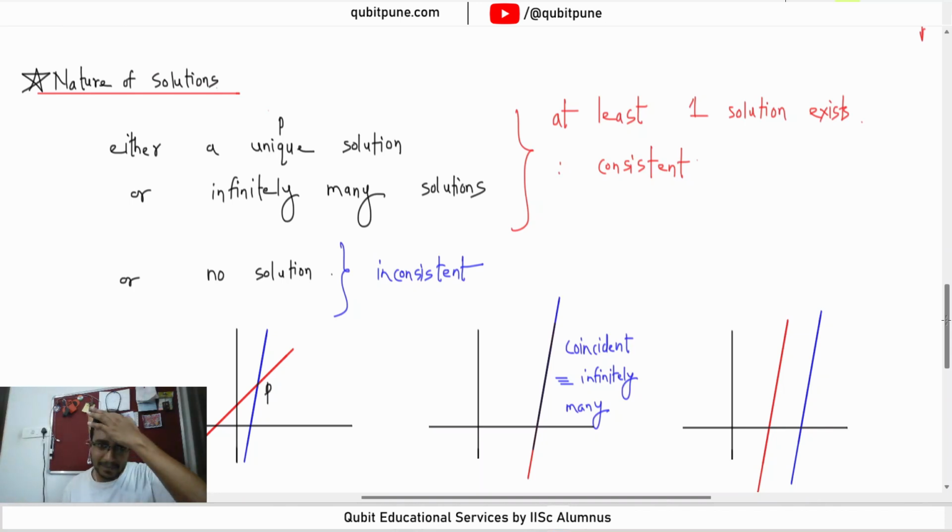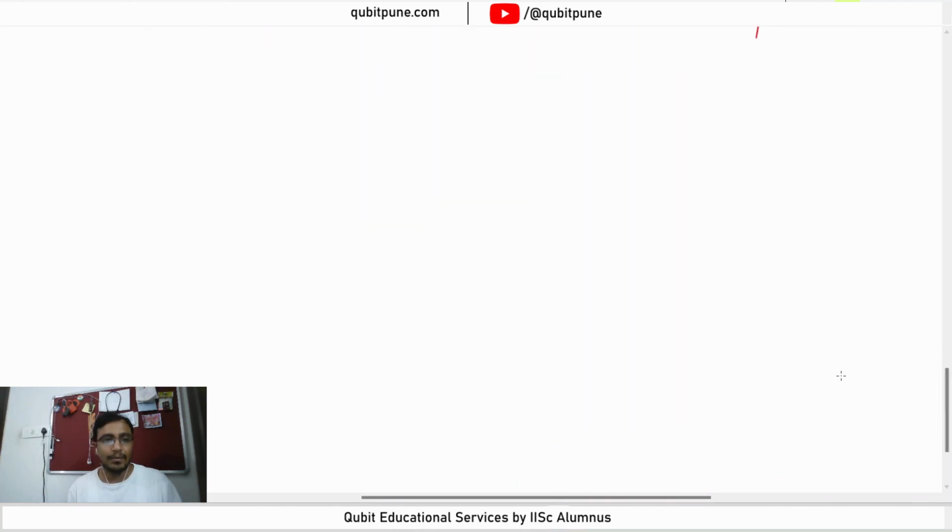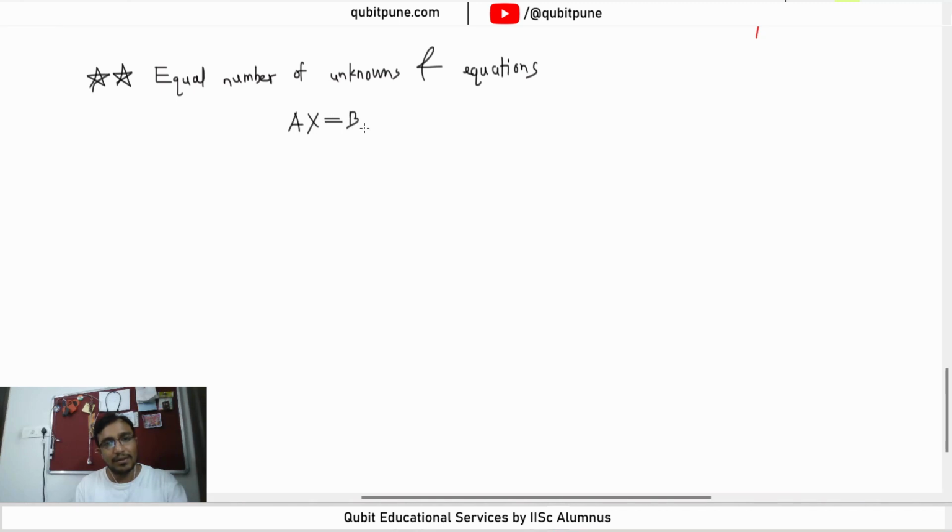Now see, what happens is, if you have an equal number of unknowns and equations, then if our system of linear equations is in the form AX = B, matrix A becomes a square matrix.